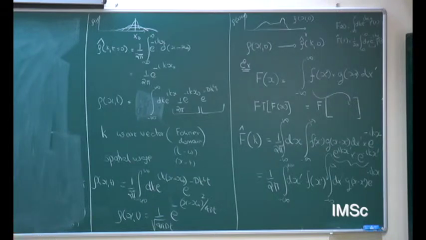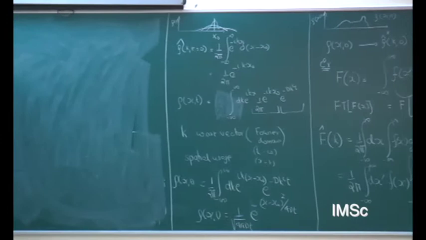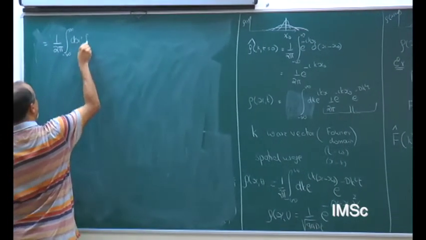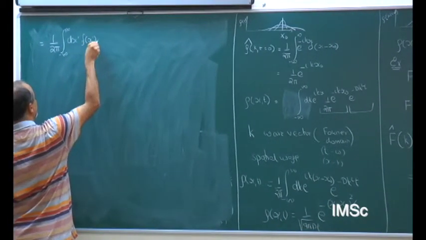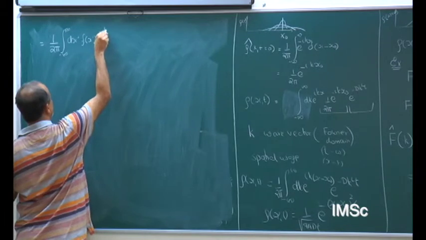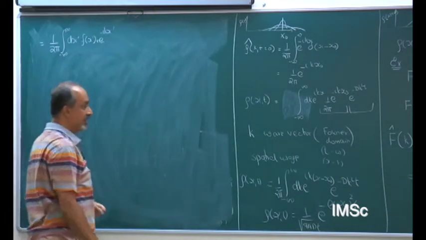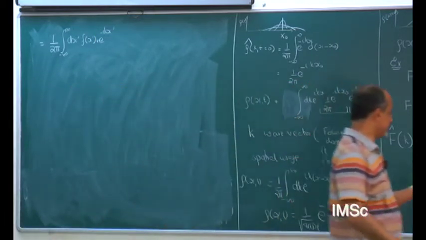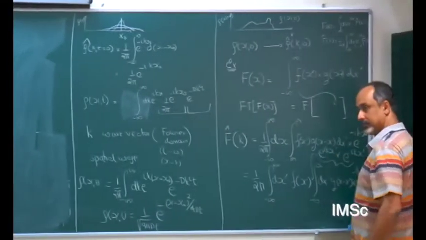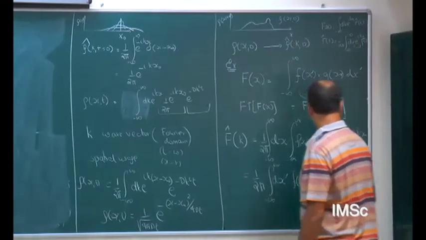I'm going to write the first term as 1 over 2 pi, integral from minus infinity to infinity, dx prime, f of x prime, multiplied by e to the power minus ik times x prime. So I put one of these factors into this, and I take the other factor and I put it there.